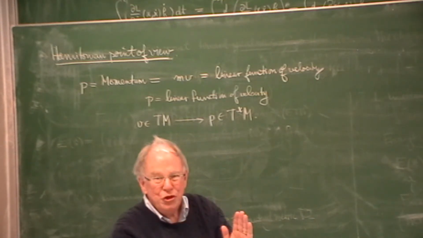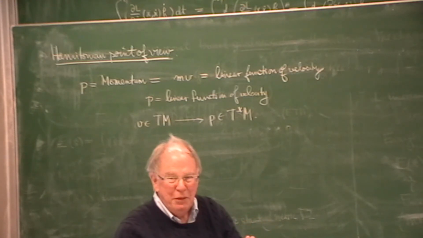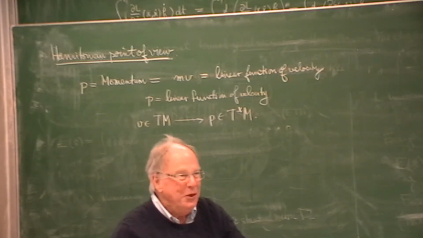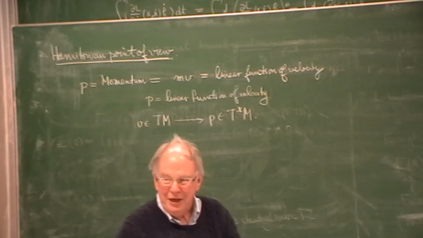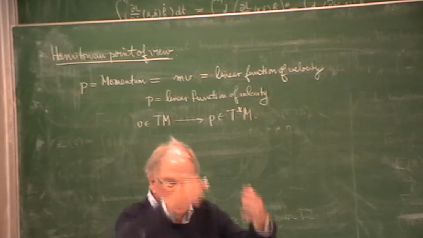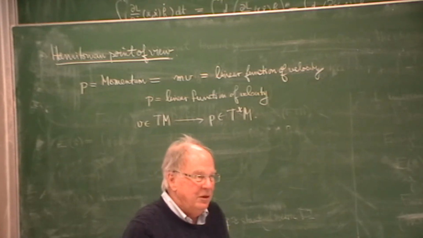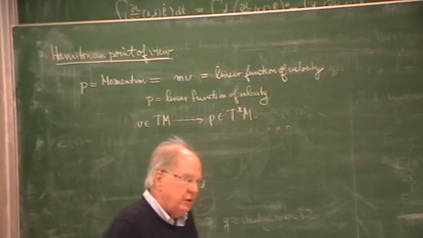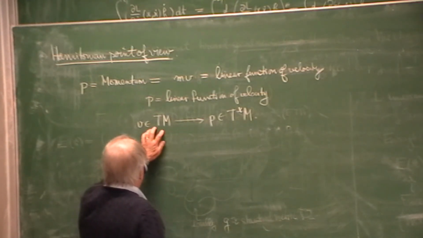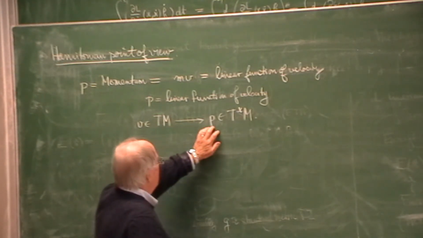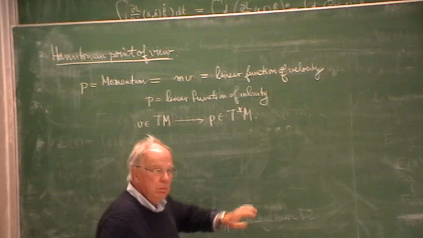So Newton and probably Archimedes probably knew that momentum equals mv. I mean, there must be a way of Galileo for sure. These people really knew about momentum. Momentum is a linear function of velocity. So we should understand how to go from a linear function of velocity to momentum.